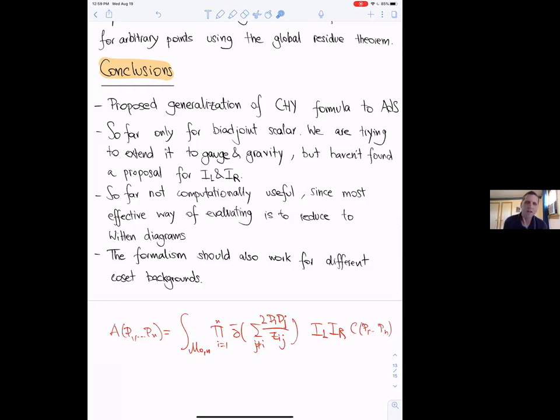Yeah, I guess I had in mind the other ones that work in flat space. Like, you mean something like BCFW recursion relations? Yeah. I think maybe if Sebastian is here, he can correct me, but as far as I know, there's no analog of that in AdS.